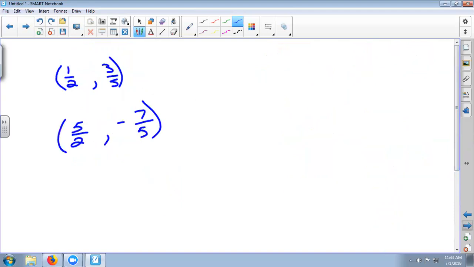This is the formula. Let me just go ahead and write it. M is the symbol for slope. Don't know why. No, S is the symbol for speed. It is subtracting the two y values on top, and subtracting the two x values on bottom.